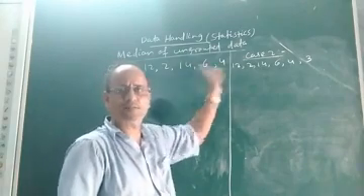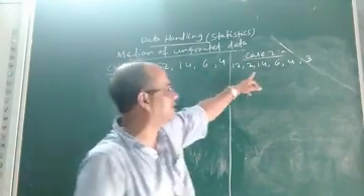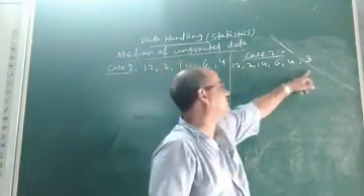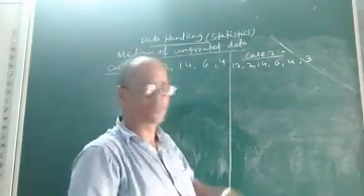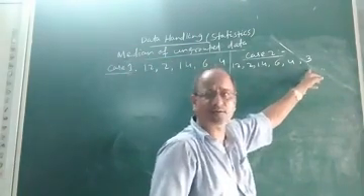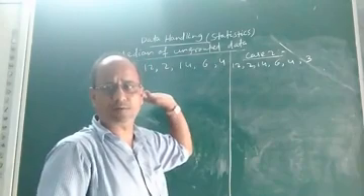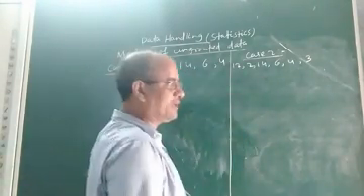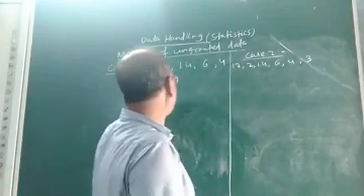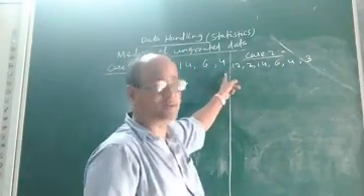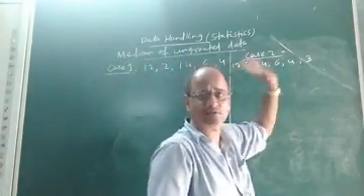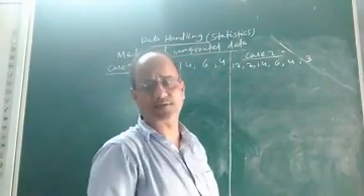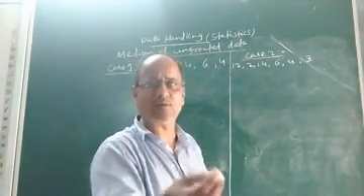Let us consider these 5 ungrouped observations. And in this case, I have taken 6 ungrouped observations. So let us see how to find median in case 1 and case 2. That means how to find the median of these 5 observations and how to find the median of these 6 ungrouped observations. Then we can understand easily what is median.